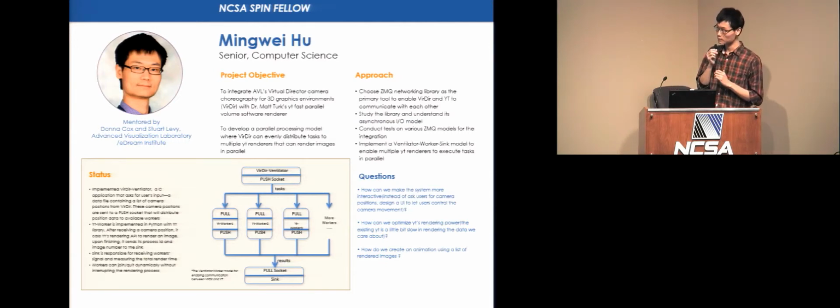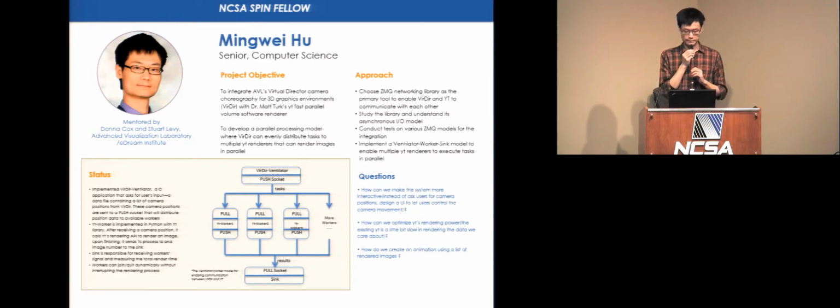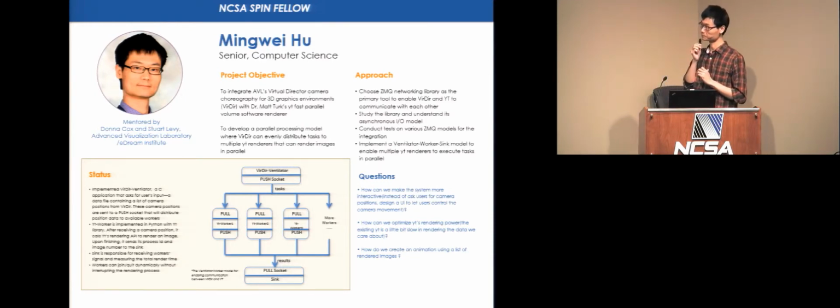I use a library called 0MQ to implement this model. It enables a ventilator to distribute different tasks to multiple YT workers, which are software instances that run on different machines, and could also run on the same machine.